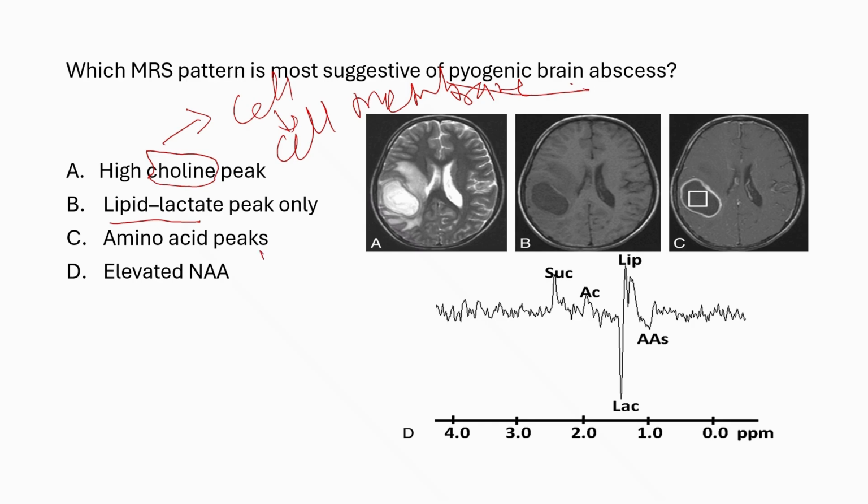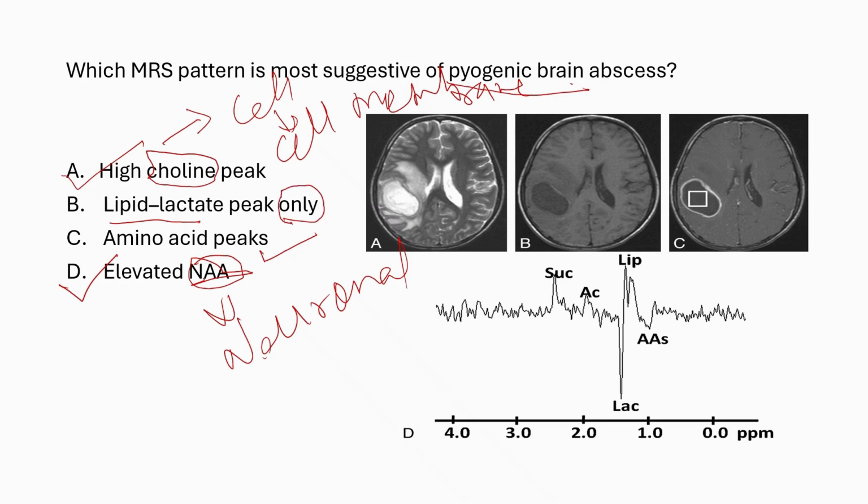Amino acid peak is specific for the abscess, and NAA is the marker of neuronal cells. So these two are out of the race. Only lipid lactate peak and amino acid peaks are the correct answer, but in option B only one is given.